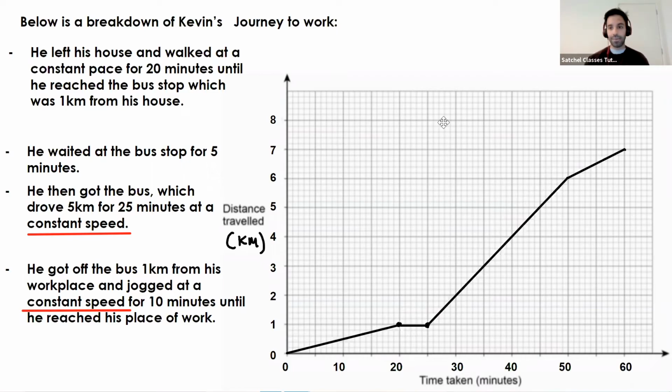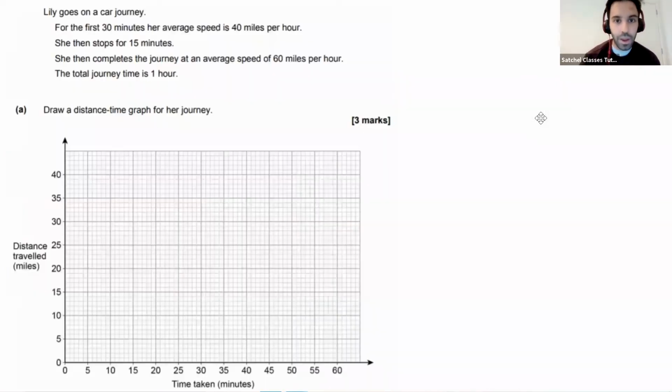Now, this is an exam style question, and I think this should be a really good one to complete. So if I just clear all the drawings, all right. So it says here, Lily goes on a car journey. For the first 30 minutes, her average speed is 40 miles per hour.